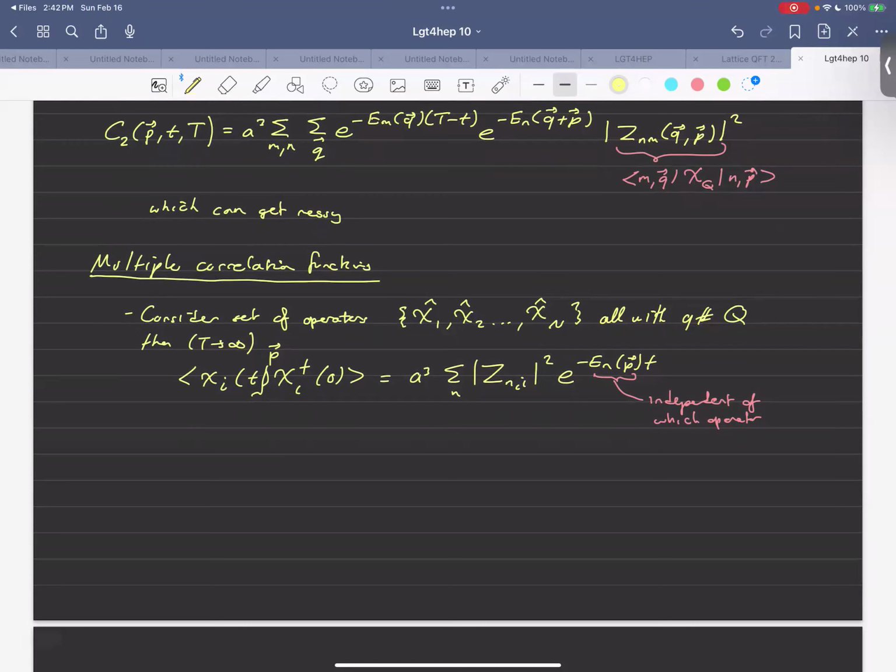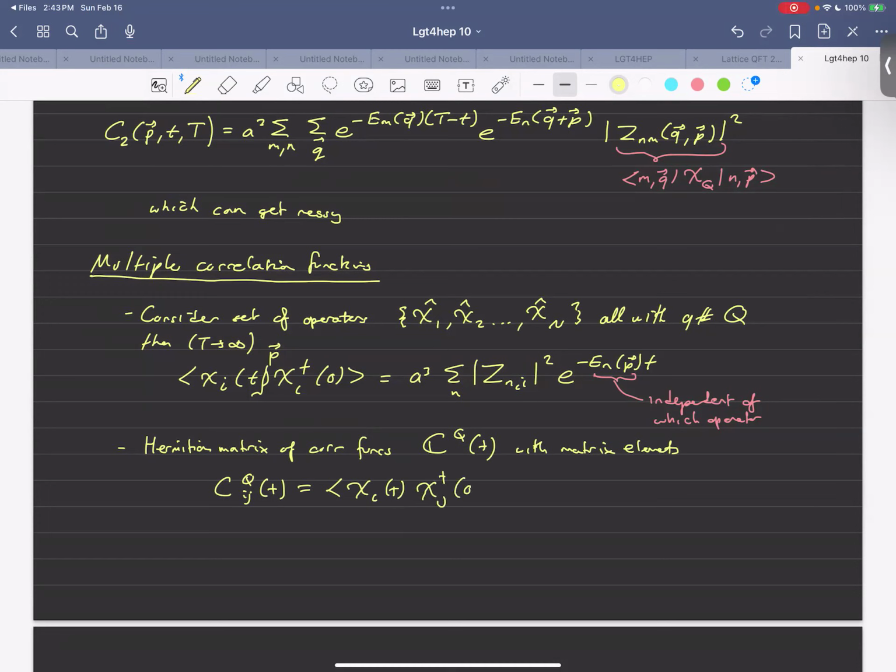An even better approach makes use of a Hermitian matrix of correlation functions. So let's call that matrix C with quantum numbers q, and it has matrix elements C_q,IJ of t, which is going to be chi I of t, chi J dagger of 0.